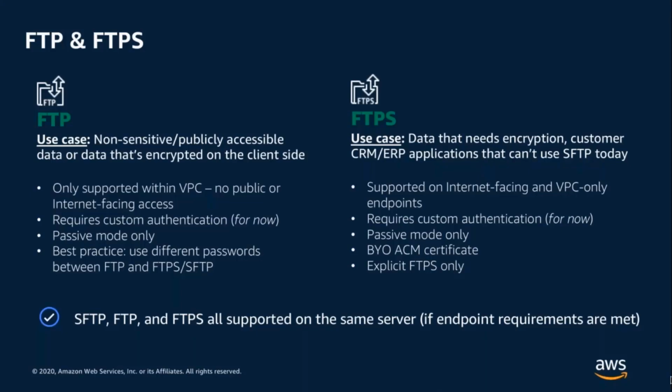Passive mode is the mode supported, and you can bring your own ACM certificate. So either you select a certificate from ACM, or you can import a certificate from an external provider into ACM and then select it for use within our service. Only explicit mode of FTPS is supported. So overall, you can enable all three protocols on the same server as long as the conditions are met for what the protocols require.